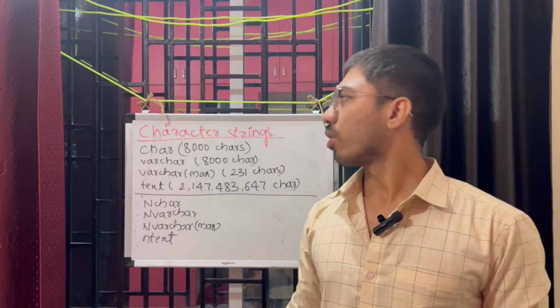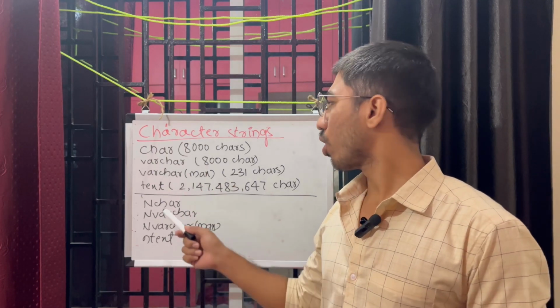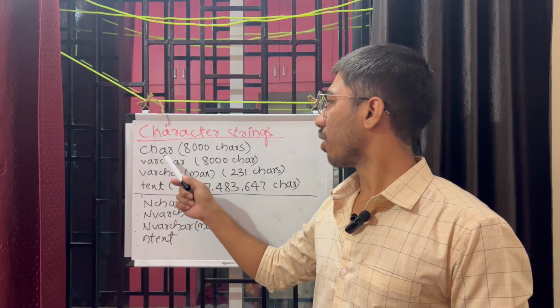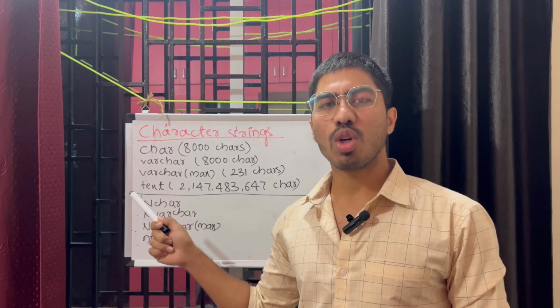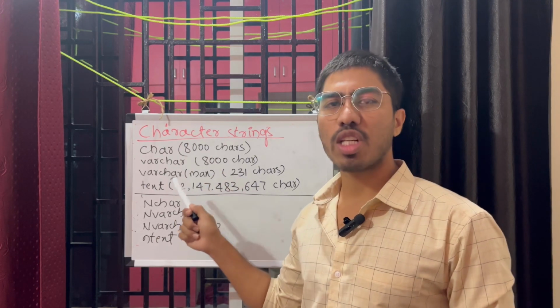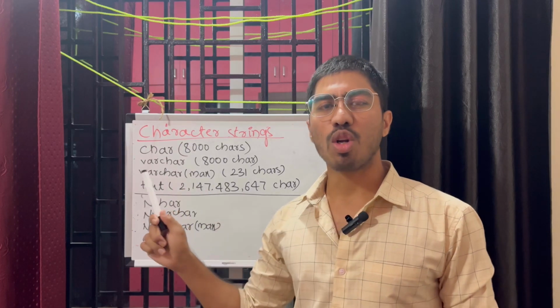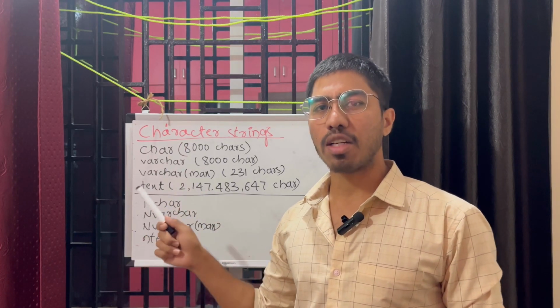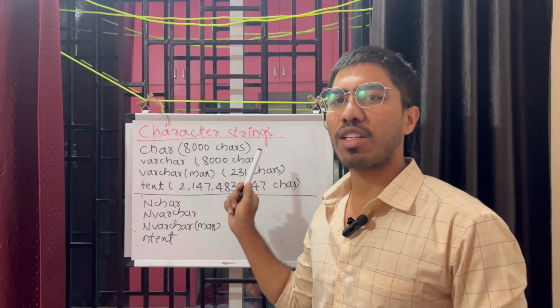Now let's see the character string data types. I have written them on the board. First one is char. Char is a fixed length non-Unicode character type which accepts a maximum of 8000 characters. Next one is varchar. Varchar is a non-Unicode variable length character string which accepts a maximum of 8000 characters.